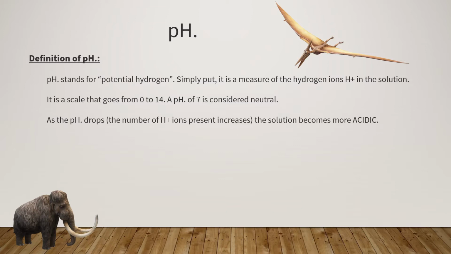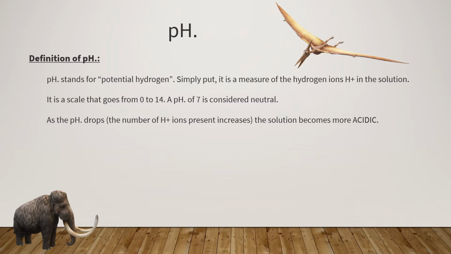You would think that as the pH drops, the number of ions would drop, but the way that we calculate the pH is actually in an inverse formula, which just means that the end product ends up that as the pH drops, it means that the hydrogen ions are increasing.